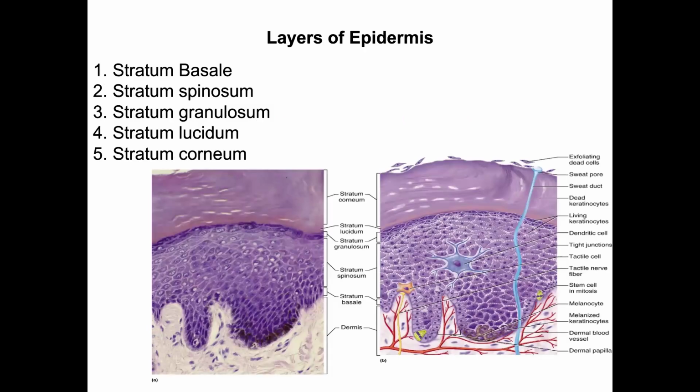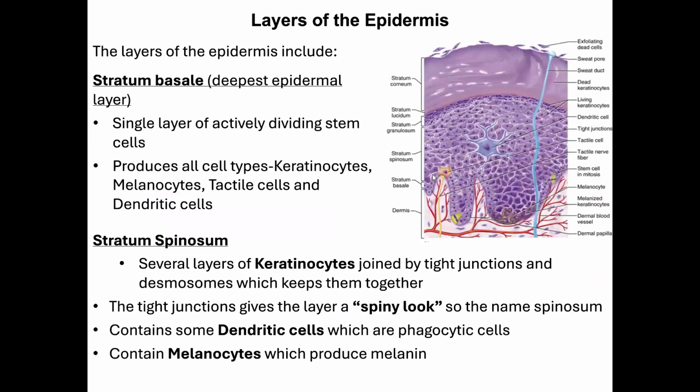Okay, so the layers of the epidermis are stratum basale. We talked about that. So that is this layer here. This is the basale or basal layer. And above that, you have the spinosum. And above that, you have the stratum granulosum. And above that, you have the stratum lucidum. And then above that, you have the stratum corneum. Let's talk about each type. Stratum basale is the deepest layer.